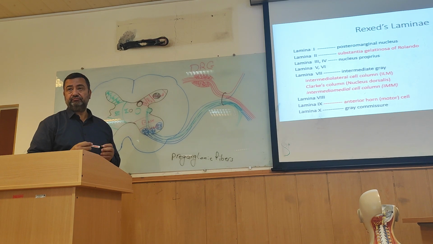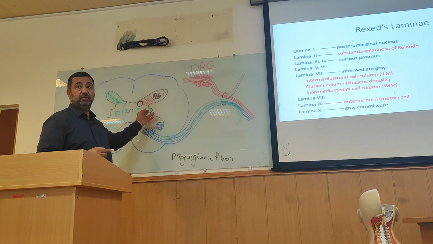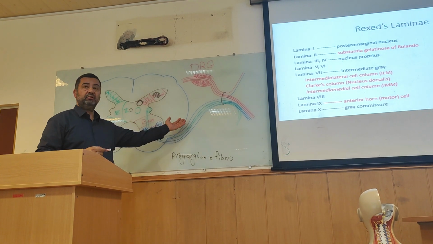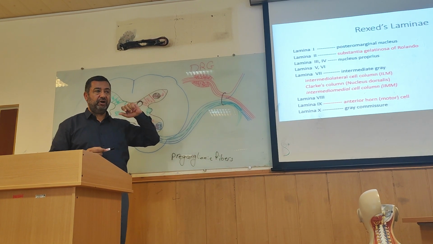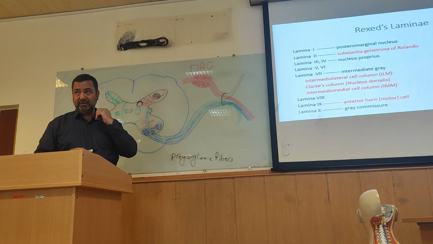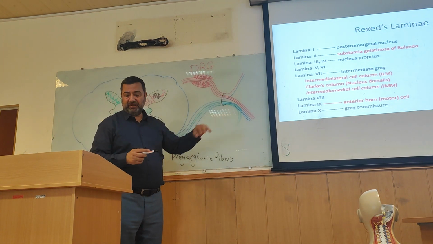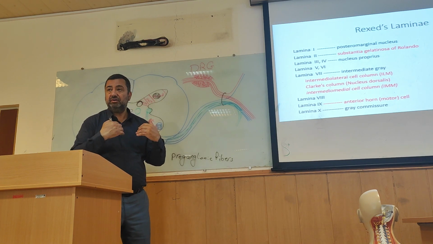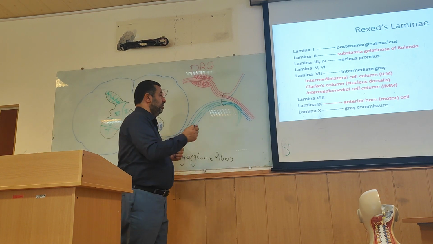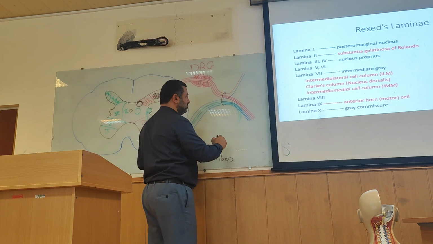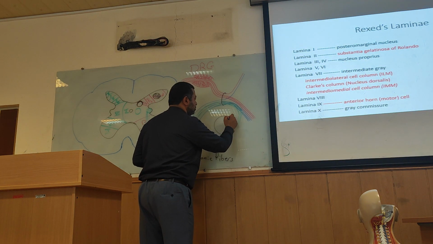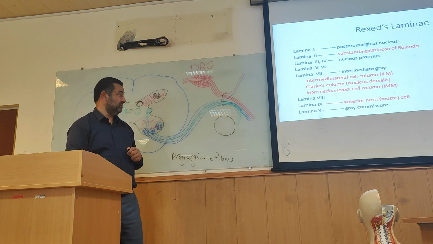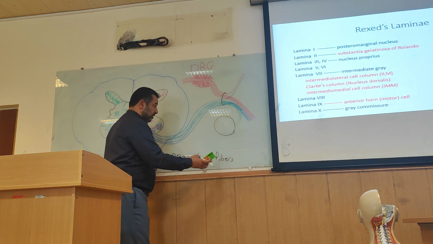What's the root of them? The intermediolateral nucleus makes preganglionic sympathetic fibers. Okay? These preganglionic sympathetic fibers go out from the anterior branch and enter into the sympathetic ganglion.